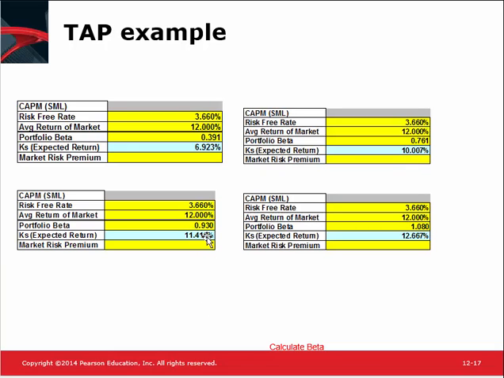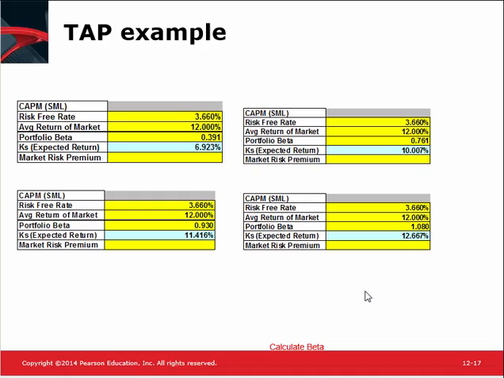We ended up with a portfolio beta could be 0.93, as high as 1.08. So we see here that we can estimate that the cost of equity for Coors is somewhere between 6.923 and 12.67. Of course, that's a very high range.